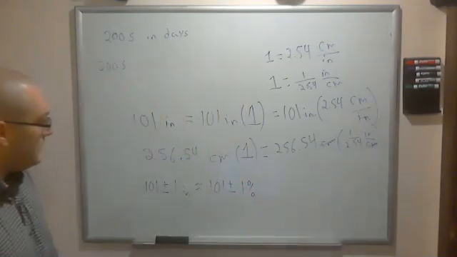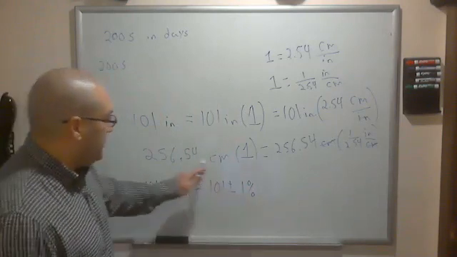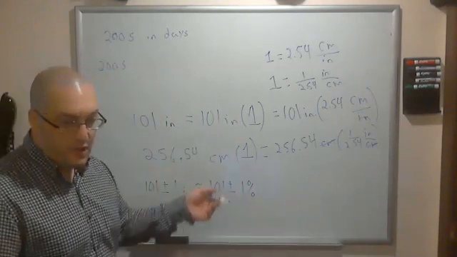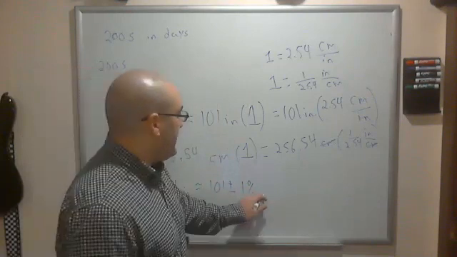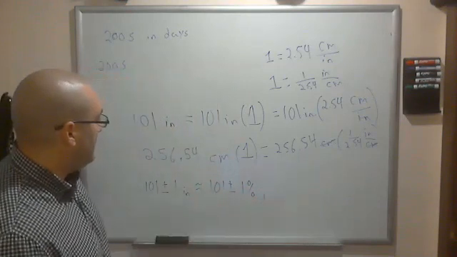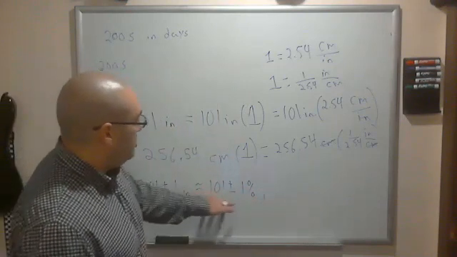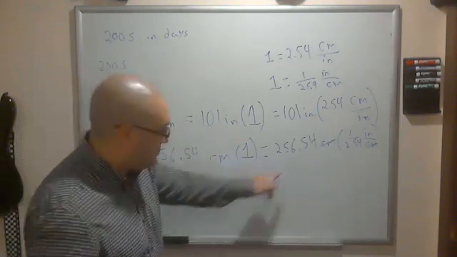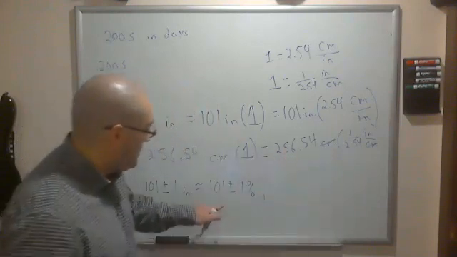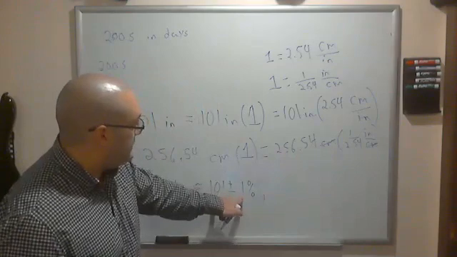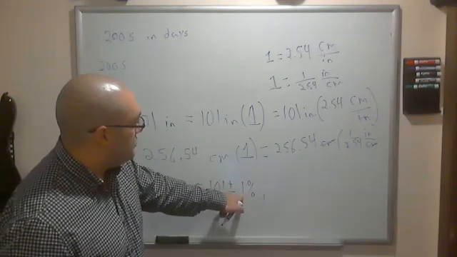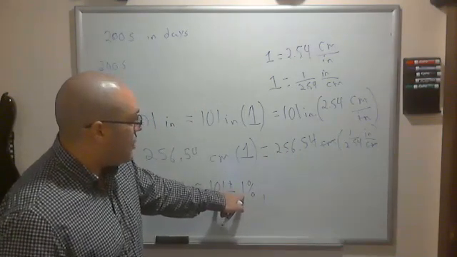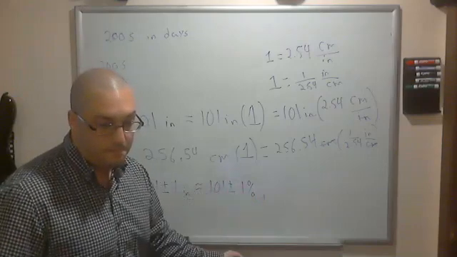Now, when you're multiplying two numbers with significant figures, you multiply the errors together. If we have two quantities and there are two different errors, we multiply the errors together.